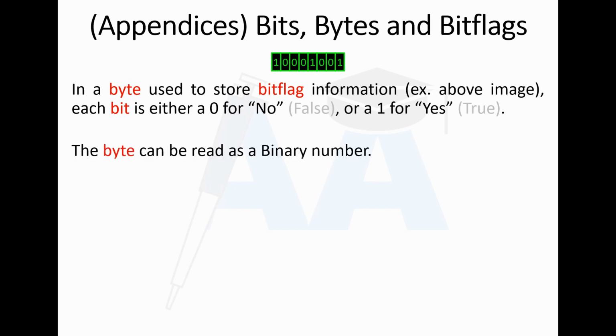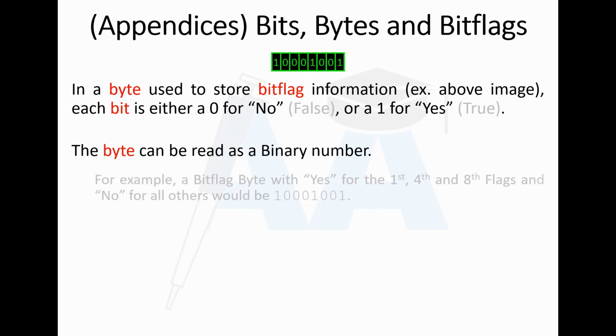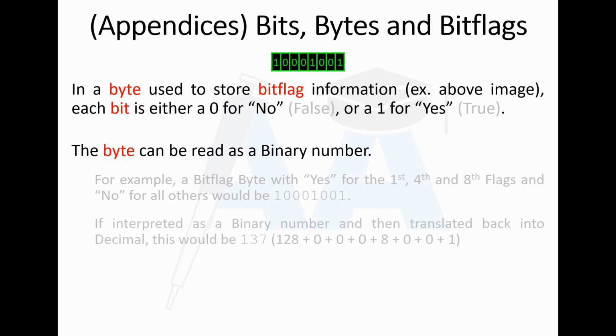So how does this all tie back to binary numbers? Well, all bytes can be read as a binary number, and this includes bytes used for bit flagging. For example, a bit flag byte with yes for the first, fourth, and eighth flags, and no for all others would be 100010001.